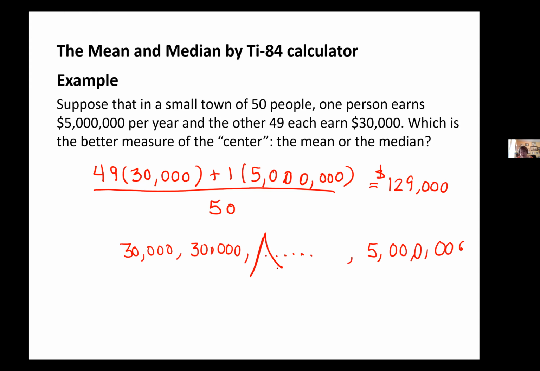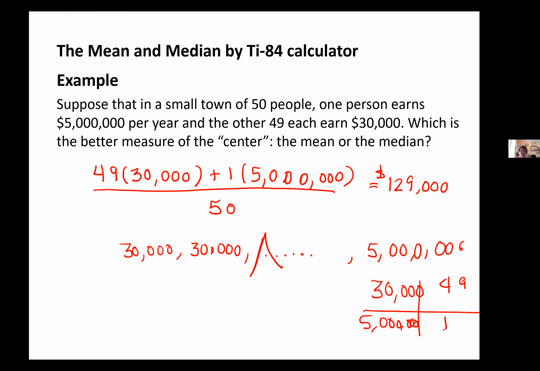Now you could also put this in your calculator if you like. You could put the 30,000 in a list, and the frequency is 49, and the 5 million, and the frequency is 1. And you could calculate the median if you were so inclined. But the median is 30,000.